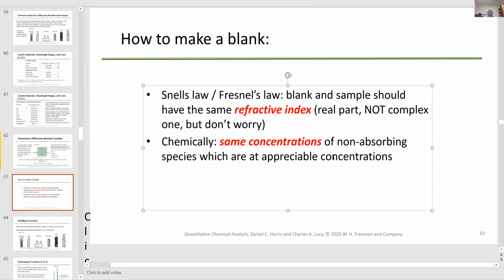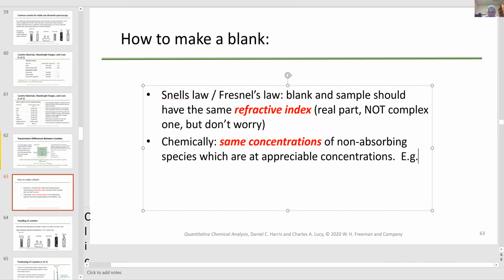So as an example, if you have, say, a millimolar salt concentration, 10 to the minus 3 molar, then it should have maybe 10 to the minus 4, 10 to the minus 5 change in refractive index.